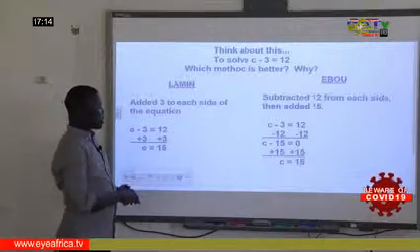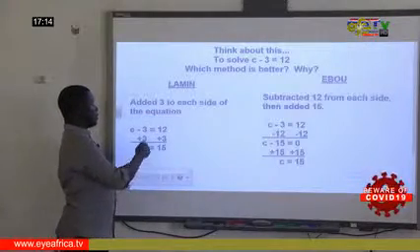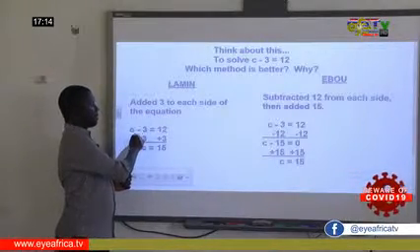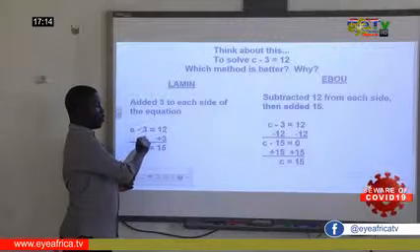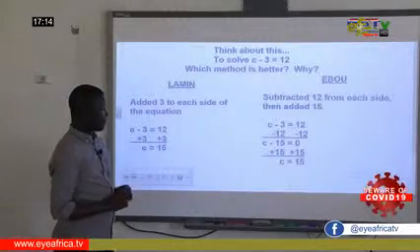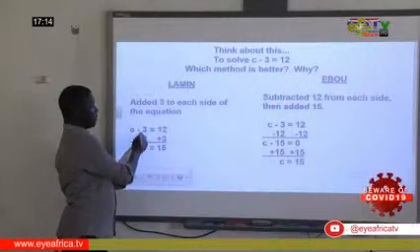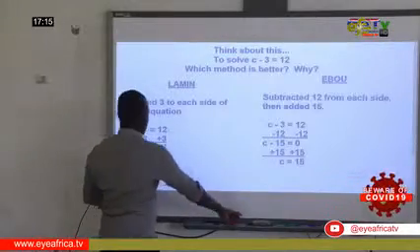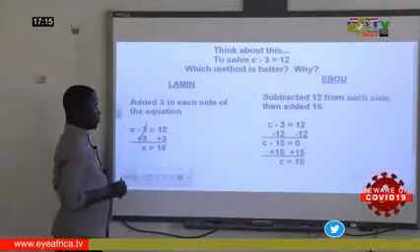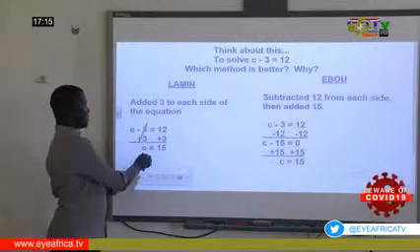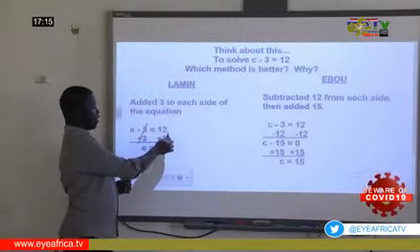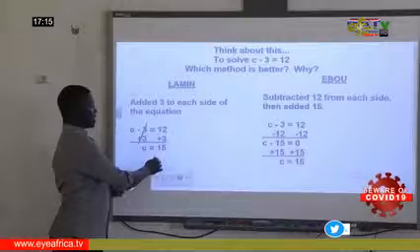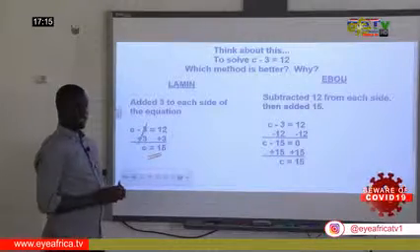What Lamin did was to isolate the c: he undid the 3, adding 3 to minus 3. This definitely undoes the 3. And then we have c equals 12 plus 3, which is 15. This is what Lamin did.